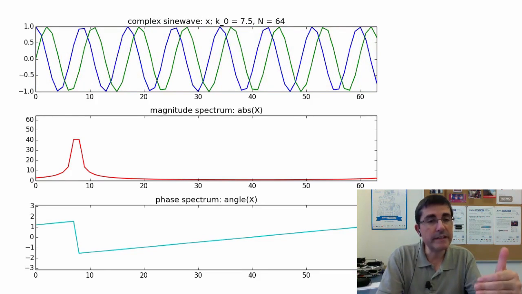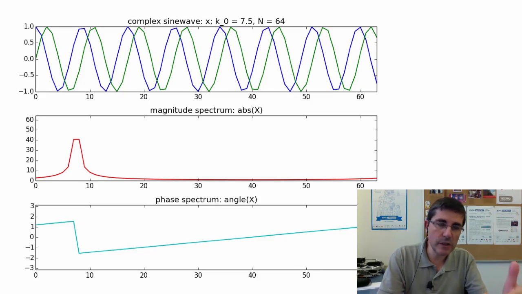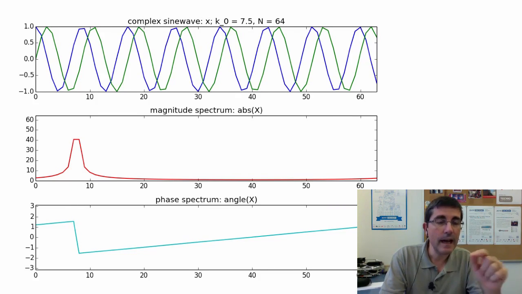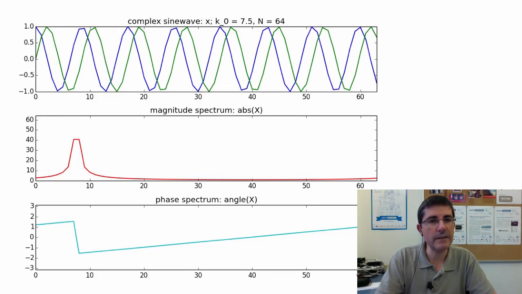And when we compute the DFT, the first thing that we notice is that the magnitude spectrum has positive values for all k. Of course, there is one area that has a prominence, the area around 7.5. In fact, k equals 7 and k equals 8 have the same value, and the rest of k have a much smaller value.